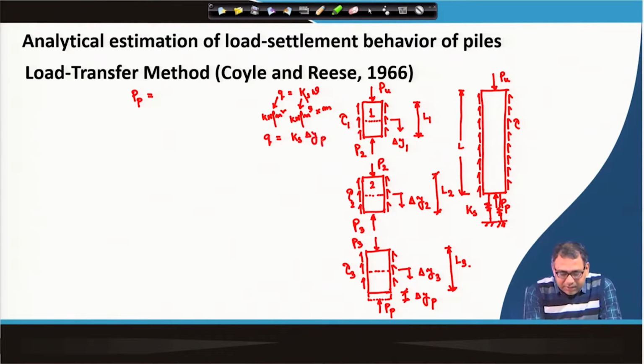But here Pp is the force, so you have to apply the area of the pile, or base area of the pile.